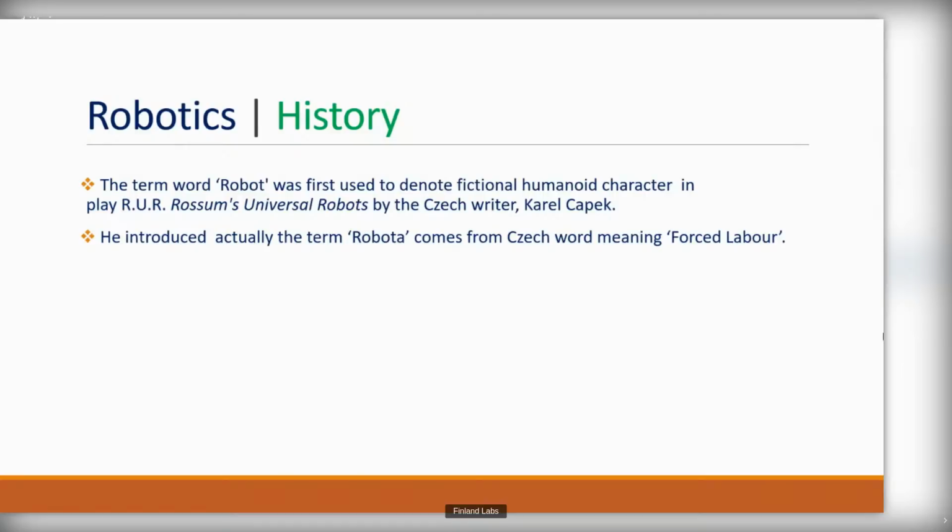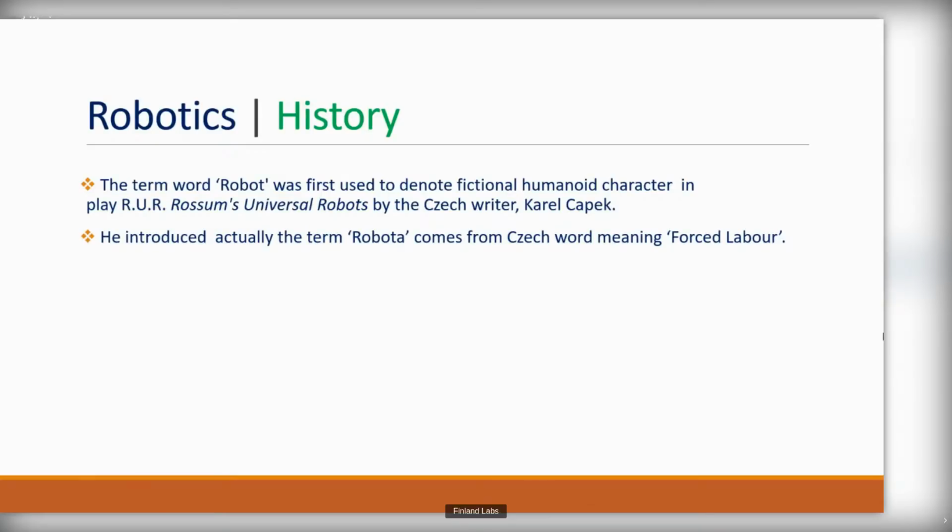So Karel Čapek was a writer, and the play was named Rossum's Universal Robots. In that play there was a humanoid character, and that humanoid character was called a robot. So from there this word robot has been derived. Basically they have taken the word from that play.